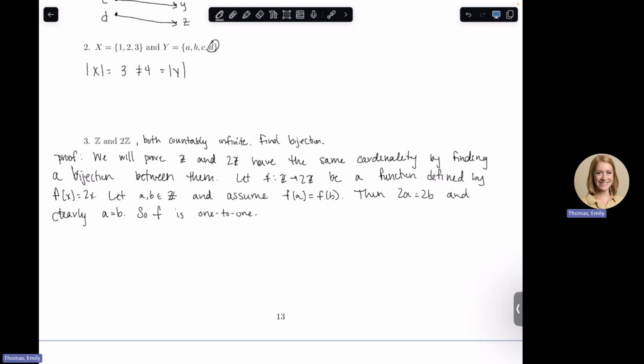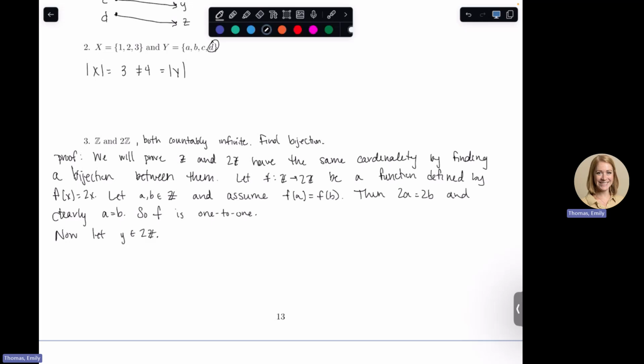How do I prove that f is onto? Yeah, you didn't get your letters right, but I know what you mean. Yeah. So we're going to pick something in the codomain. So we are going to let y be an element in 2Z.